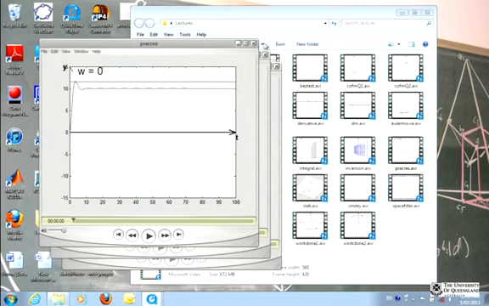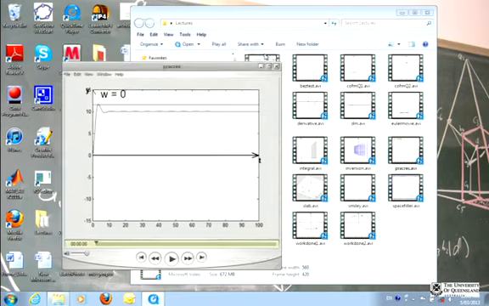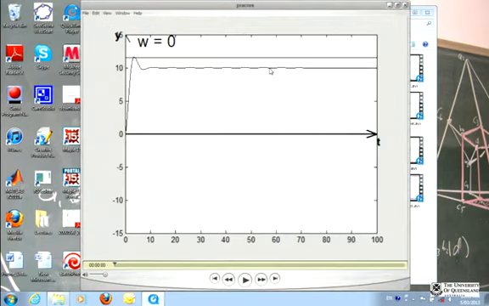Okay, for this example, we work out that omega max, the driving frequency that gives rise to the maximum amplitude, is just 1 on root 2. It's quite an artificial example, and the corresponding maximum amplitude is about 11.5.